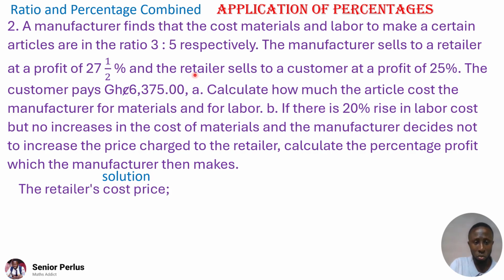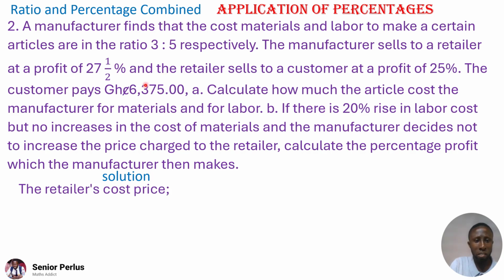That's what the retailer sells for. So for the retailer, we know the profit and the selling price. That's why you have to solve for the retailer first, because the manufacturer sells to the retailer too.